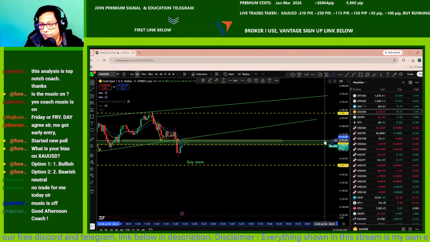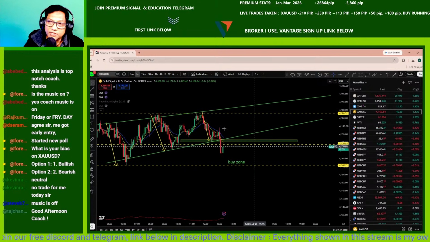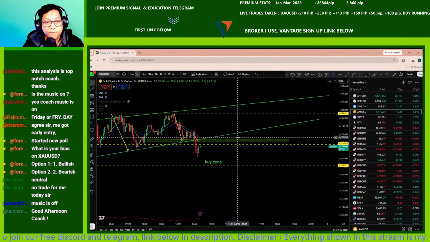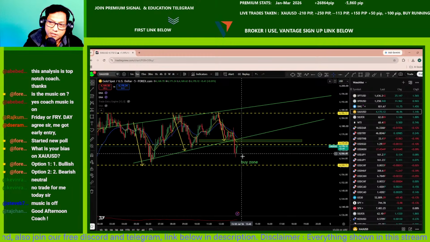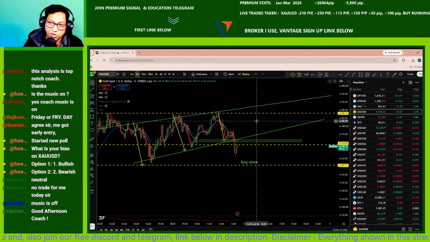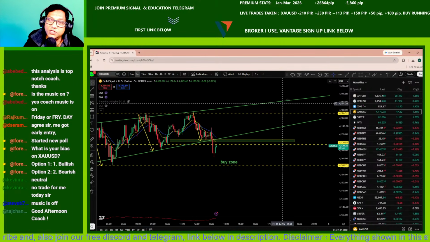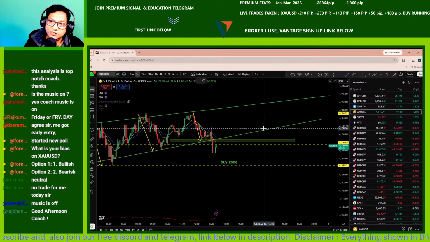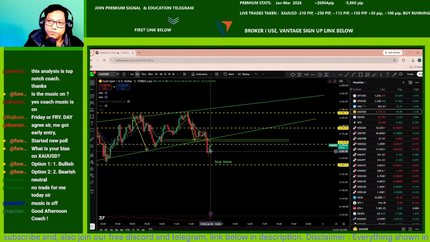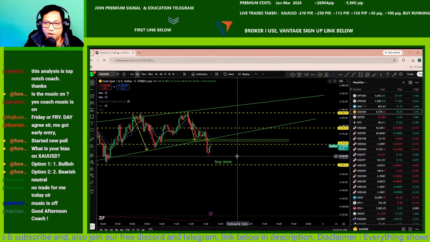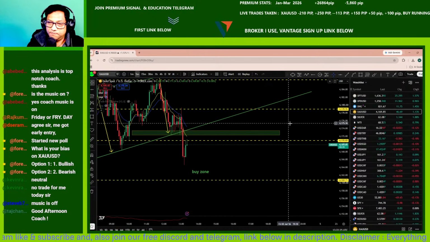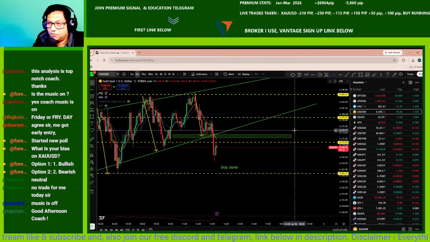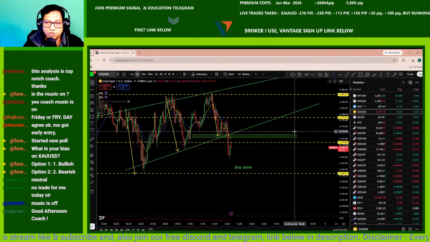Now, we are saying that this is a narrow pullback zone. And with this narrow pullback zone, we are looking for the market to come back and then give us an entry. However, if we see the market approaching that level, once the market breaks that high, we can look for that sell entry in this area. See where it is heading.